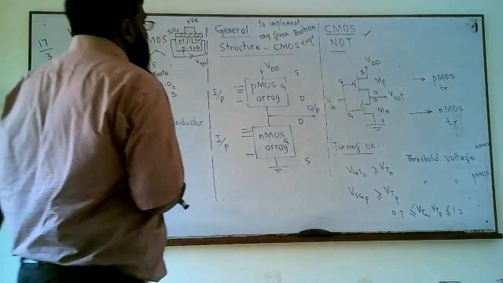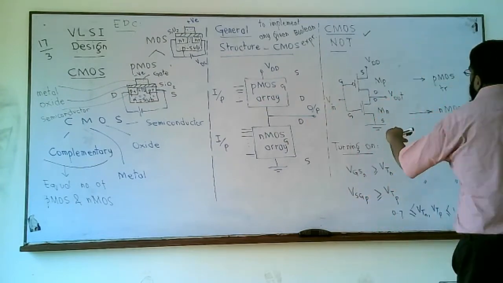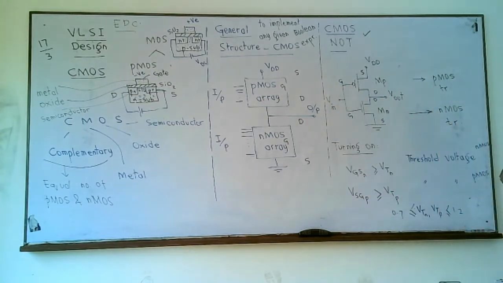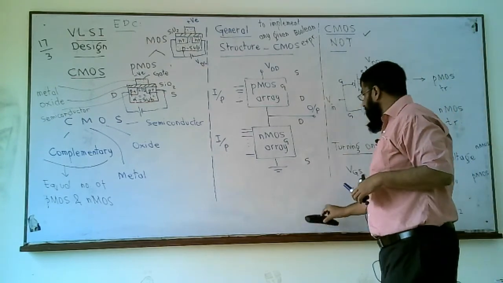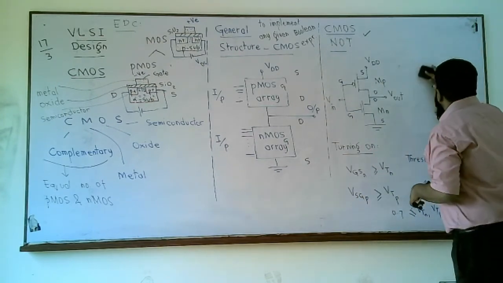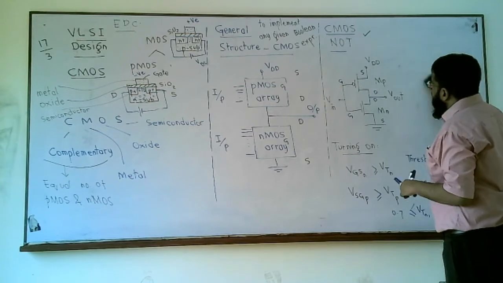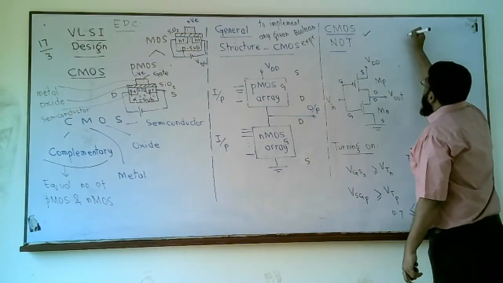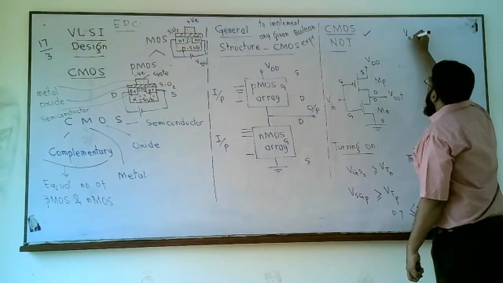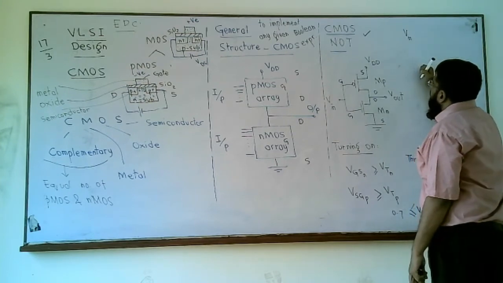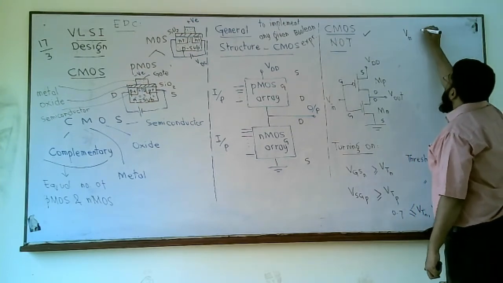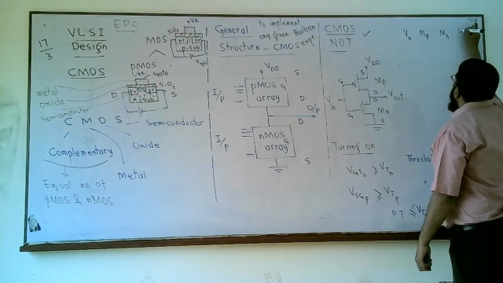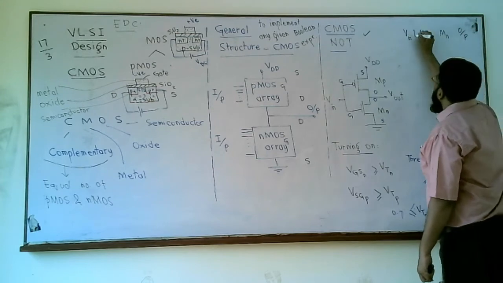Right. So let's discuss the operation of the CMOS NOT, and let's verify whether this given circuit is actually a NOT. How would you do that? Let's see what you are going to apply on the input, and let's see what the status of MP is, what the status of MN is, and what your output is.